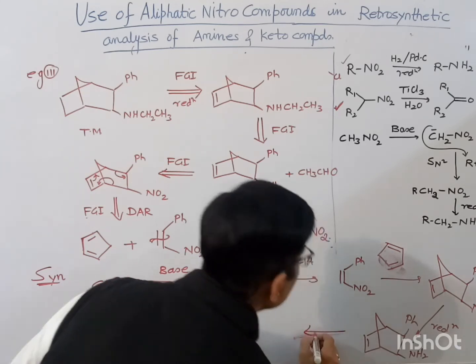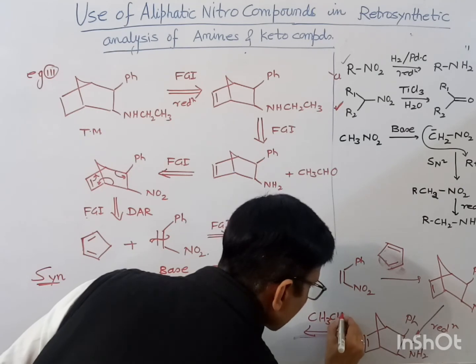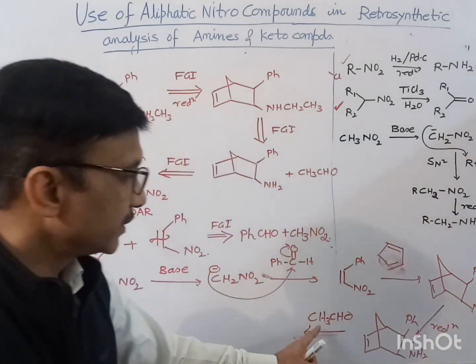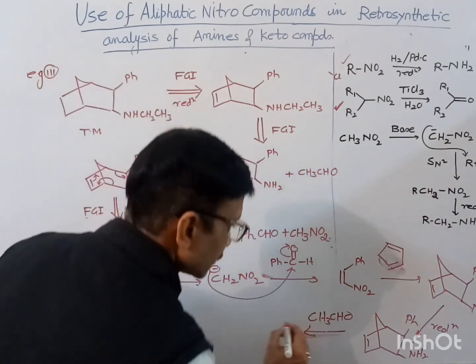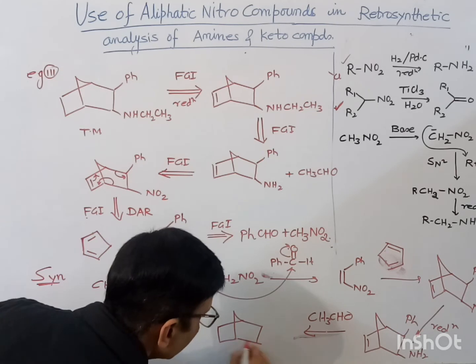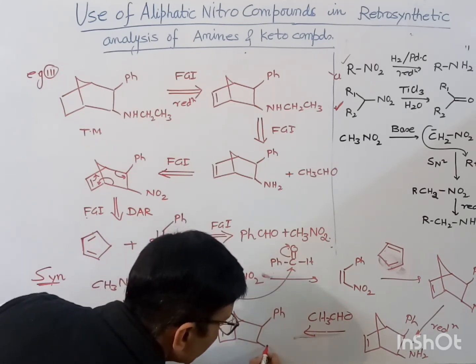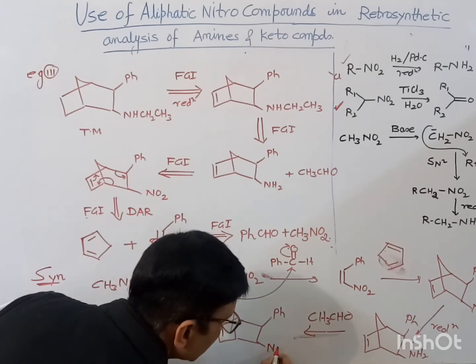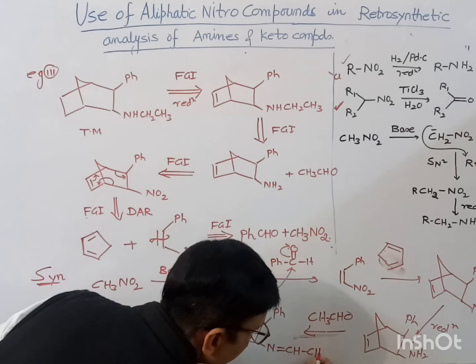in presence of this acetaldehyde, the condensation reaction will occur between this aldehyde and this amine to give you the imine functional group. So I can write here the imine functional group, N double bond CH, CH3.